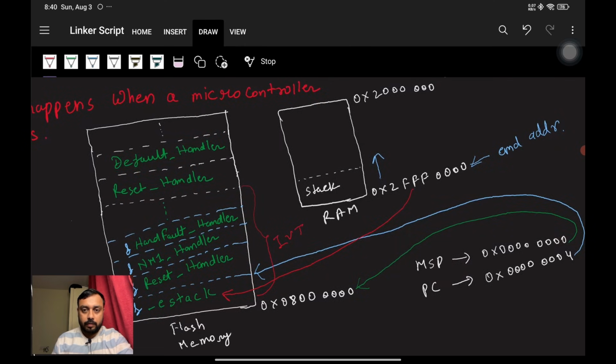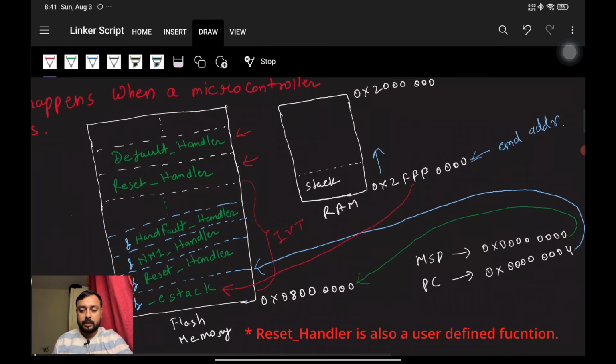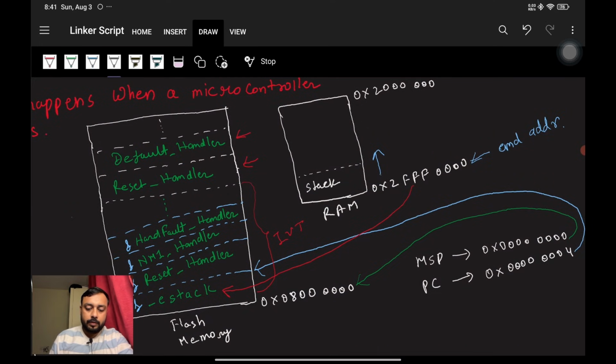And then in our memory mapping, after the IVT we keep the reset handler, and after the reset handler, the user-defined functions. The NMI handler and hard fault handler are nothing but ISRs, interrupt service routines. According to our design, this reset handler member has the address of the reset handler function.